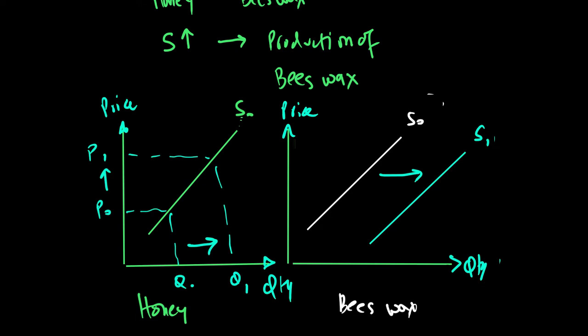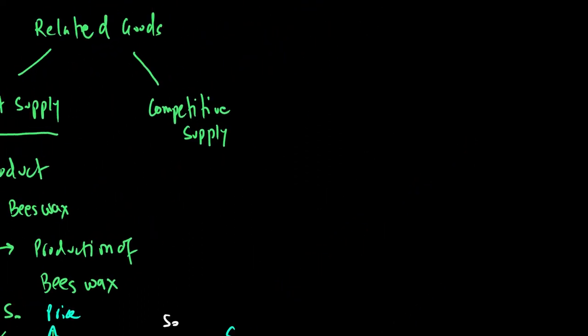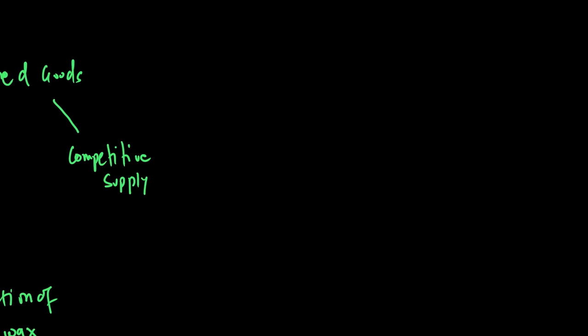Similar to this idea is the idea of competitive supply. So what is competitive supply? When two goods are in competitive supply, this means that they are in competition with each other in terms of input. So for example, let's say I'm a farmer who can produce oranges and lemons, which are by the way from the same citrus family, so I can produce oranges and lemons on my land, and let's say I decided, you know what, I'm going to produce more oranges.